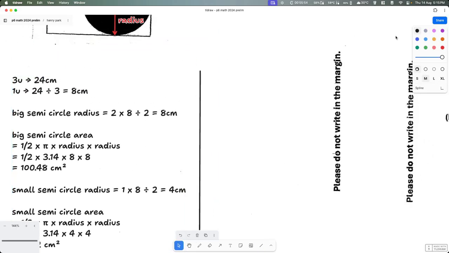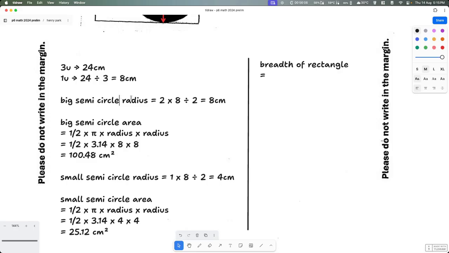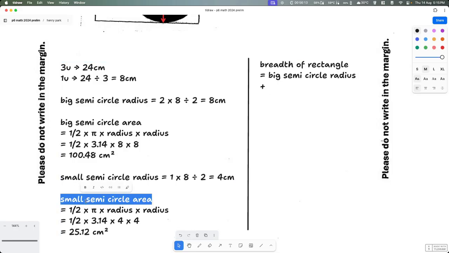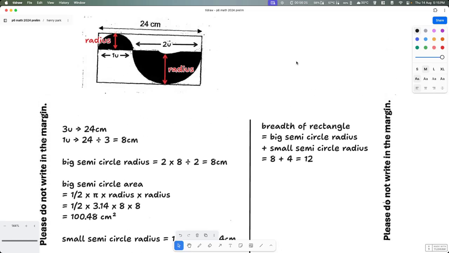So length times breadth of rectangle is equal to big semicircle radius plus small semicircle radius, which is equal to 8 plus 4, 12. So in this case, this is 12 centimeters.